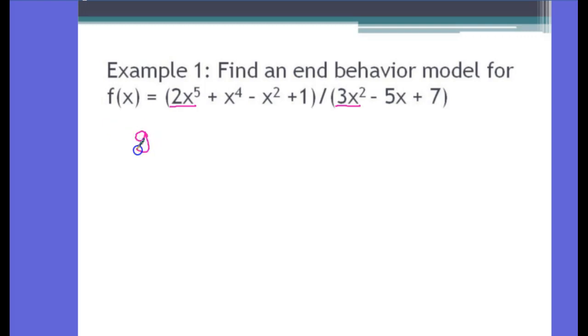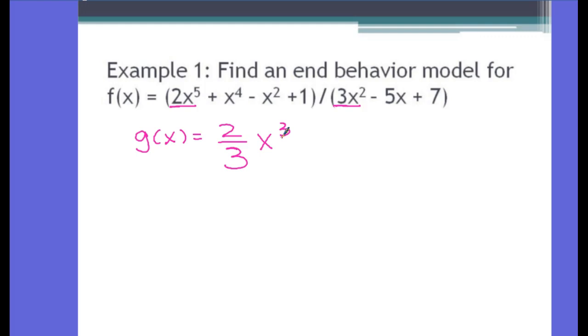So an end behavior model would keep the same coefficients and then divide the exponents. So when it asks you to find a comparable model, you keep the coefficients and subtract the exponents. The end behavior of all polynomial functions will behave like the end behavior of their largest monomial.